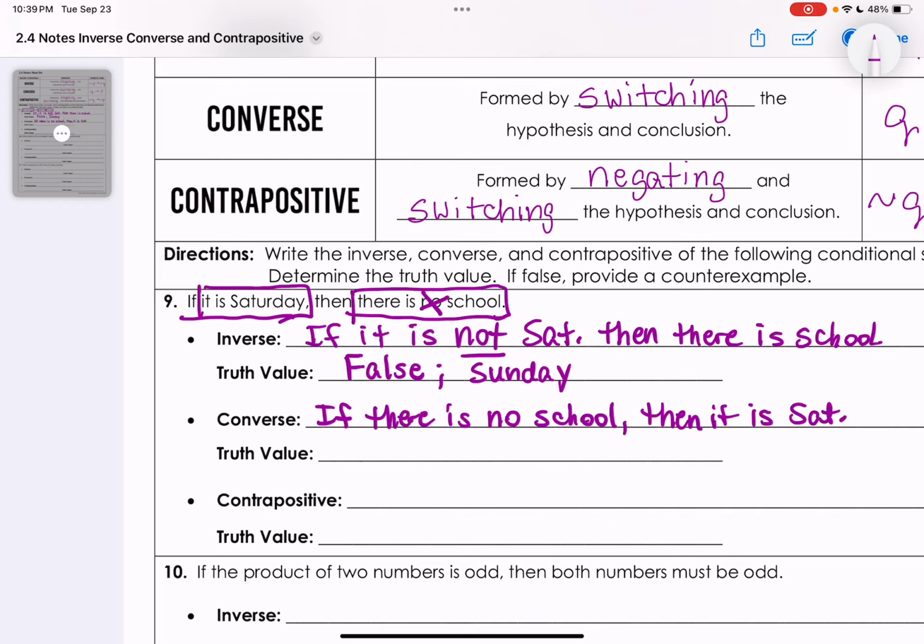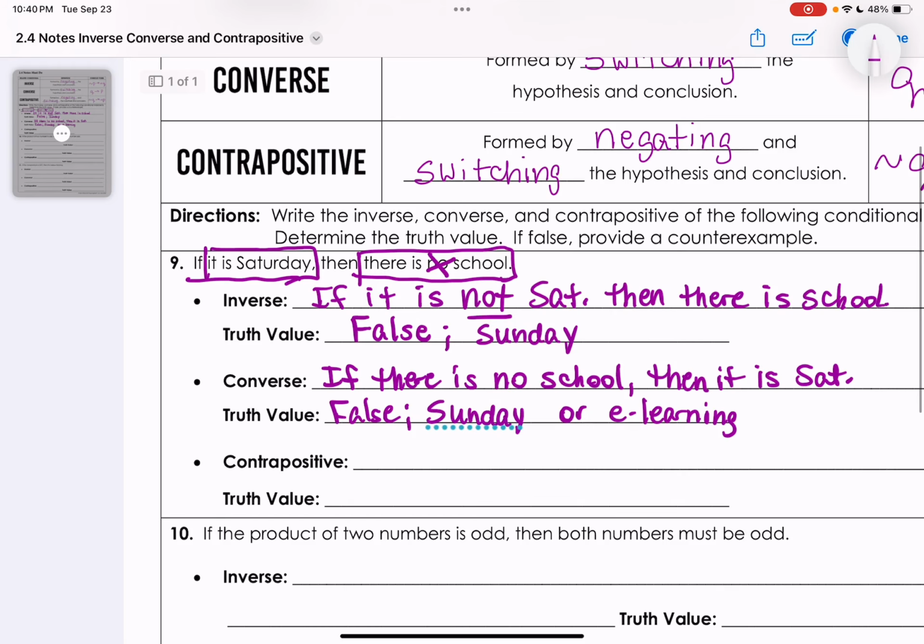So again, false. It could be Sunday, and it could be e-learning. Or it could be Memorial Day, or wherever.